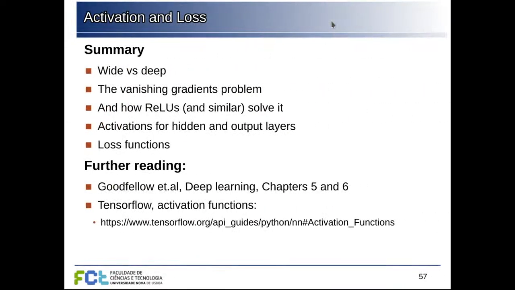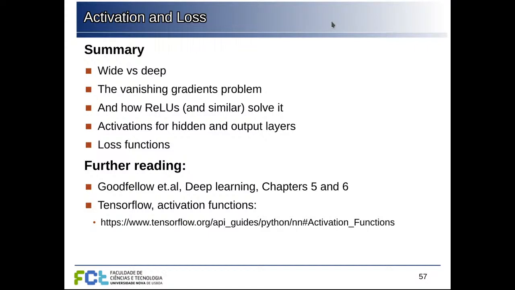So to sum up, we saw the differences between a wide and shallow model, like a neural network with only a single layer, and deep neural networks. Even though in theory one single hidden layer could solve any problem, in practice it's best to have deep networks because they have greater shattering power with fewer neurons, and so things tend to work better that way.